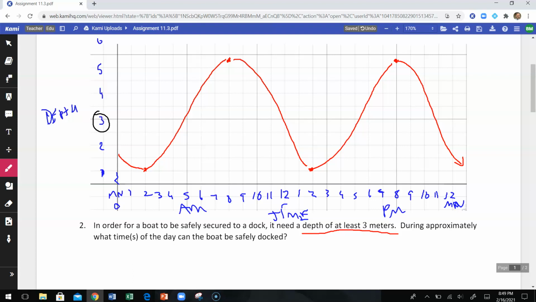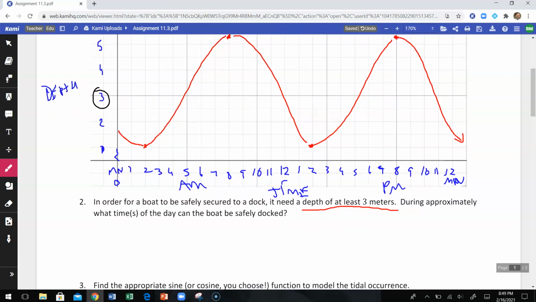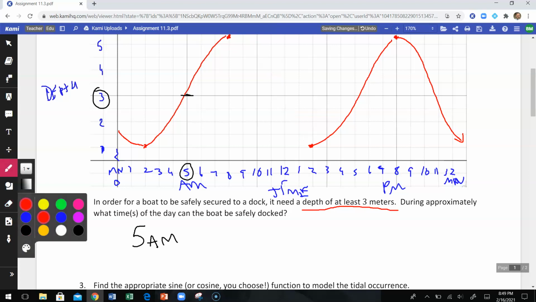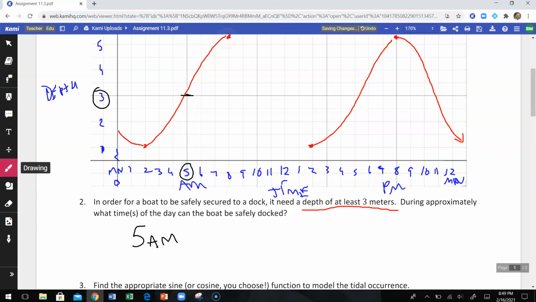But we first go above 3 meters at around 5 a.m. So you'll see it around 5, we're initially over the 3 meter mark. And then we go below 3 meters. What I have drawn here is around noon. I'm going to fix that part of the graph a little bit. That should be a little bit closer to going through at 11 versus going through at noon. Make that look a little bit better there.